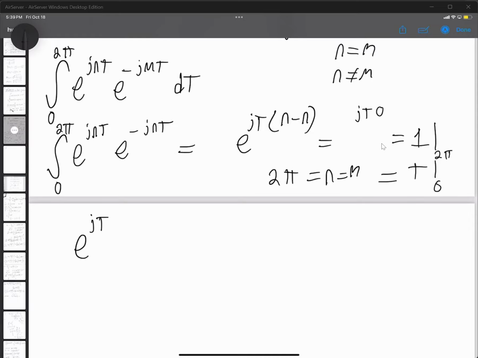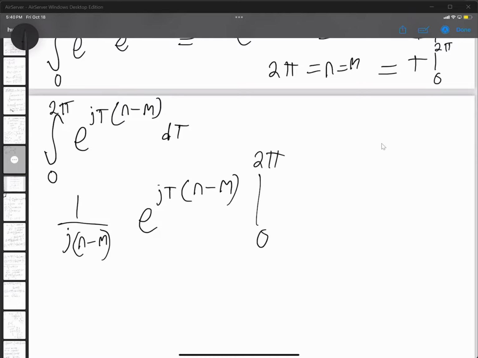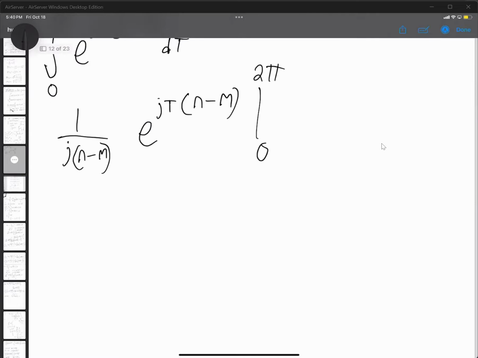We'll integrate that. We'll get 1 over j times n minus m, e to the j t times n minus m, from 0 to 2 pi. And we'll focus on this part here. So we'll have e to the j 2 pi times n minus m.